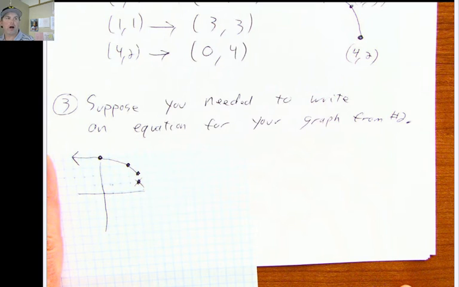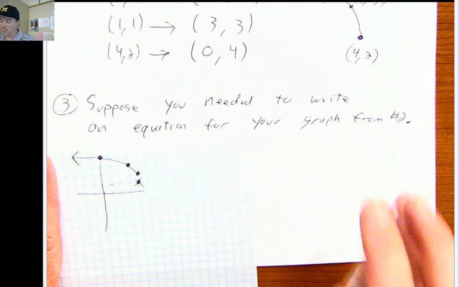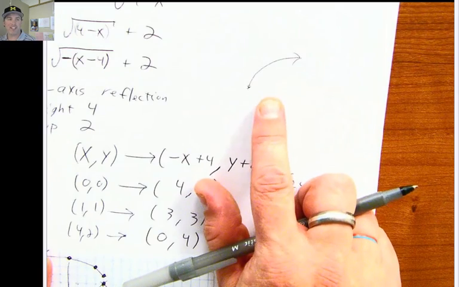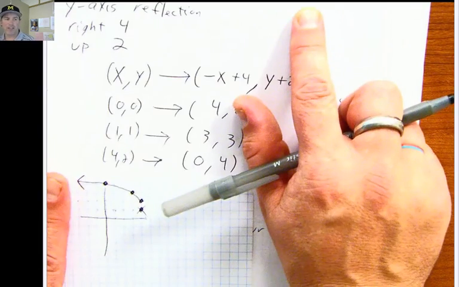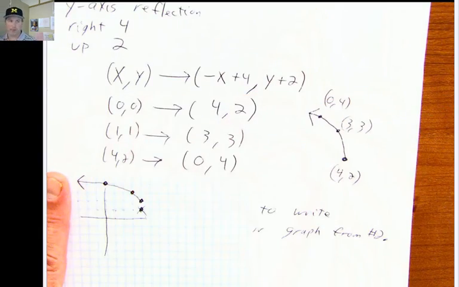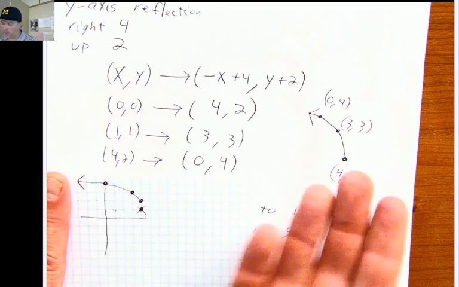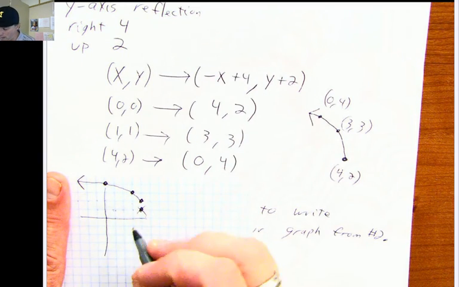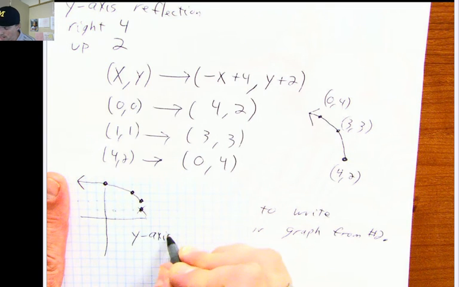Okay, well, on these problems, you need to be able to look at the graph and identify what type of reflection is going on. And a typical square root graph has this look. So the fact that this graph has this look means that we reflected horizontally, in this particular case, over the y-axis. So I have a y-axis reflection.